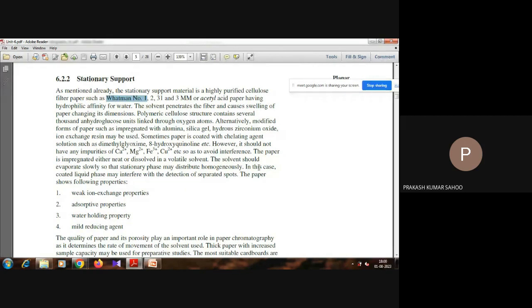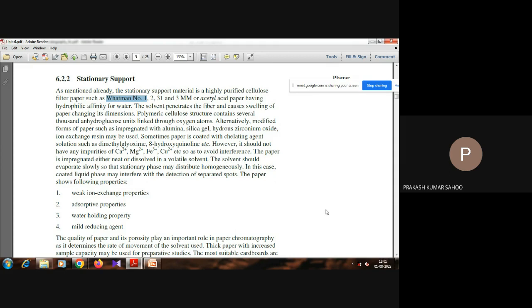So it should not have impurities like calcium, magnesium, iron, copper, etc., to avoid interference. Sometimes the paper is coated with chelating agents, like ring-forming ligands or groups, like 8-hydroxyquinoline, dimethylglyoxime. These are also coating materials for chelation.